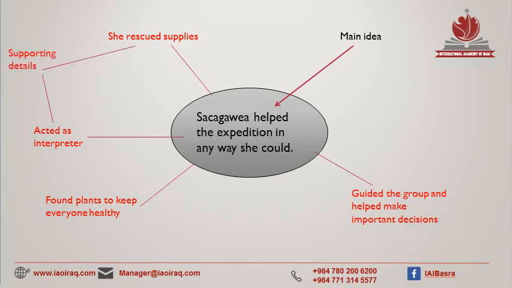So these are supporting details. I urge you guys to look through the text and try to find where it talks about these kinds of supporting details. Whenever you guys are reading a text, try to look for the main idea and supporting details that support the main idea.